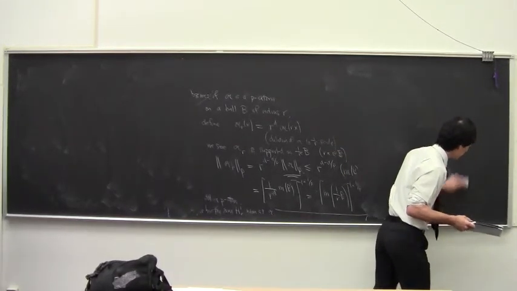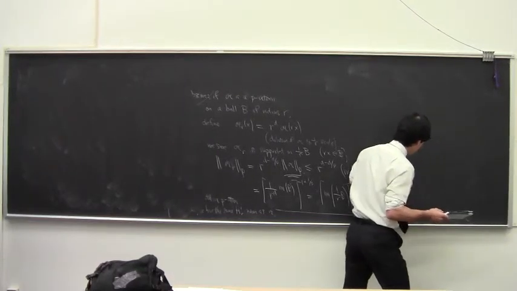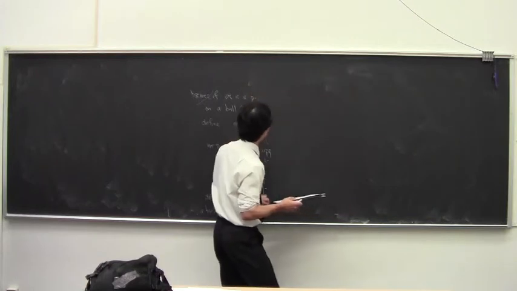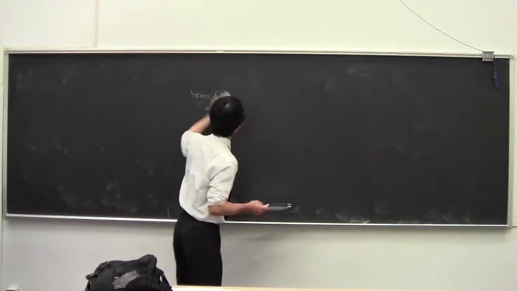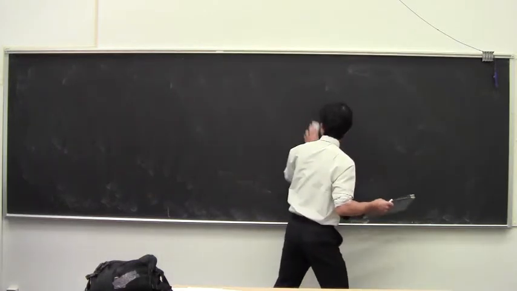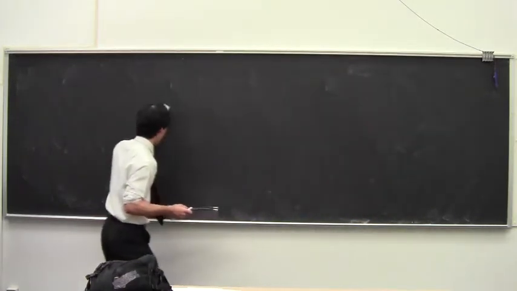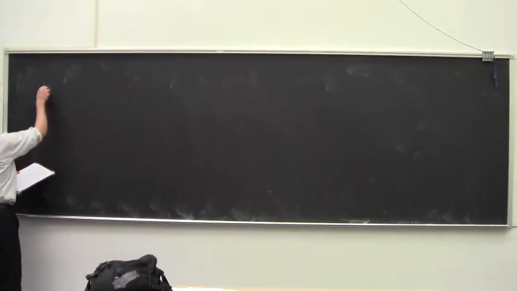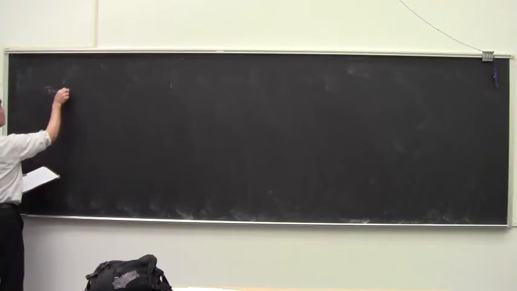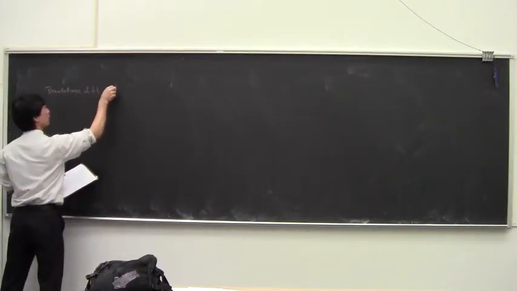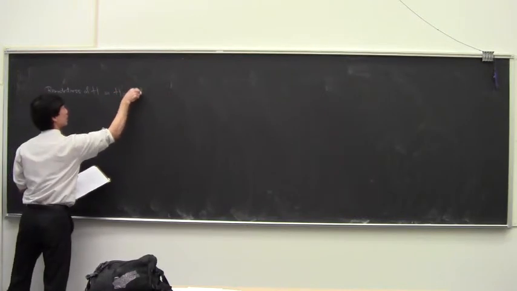So that is to say that Hardy space really is the proper replacement space for L1 in this context. Okay. So boundedness of the Hilbert transform from H1 into L1.